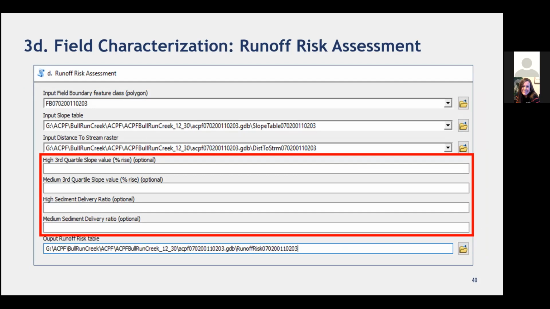Or if you just were to run this without putting in any values, those thresholds will be automatically generated using a 20-40-40 split. If you want more information on how those are calculated, you can take a look at the manual. It has a couple pages on how these are determined.